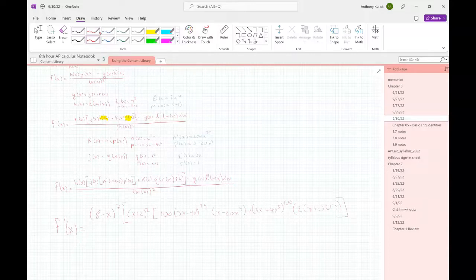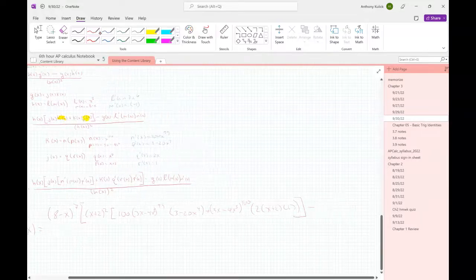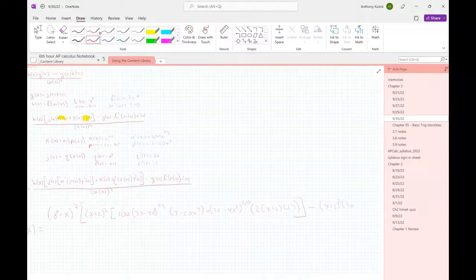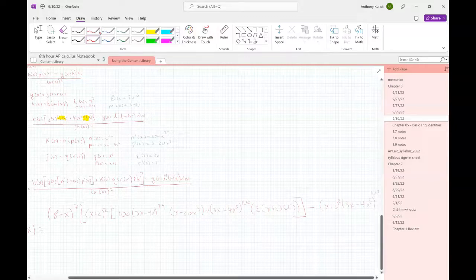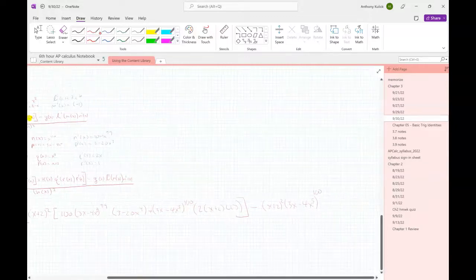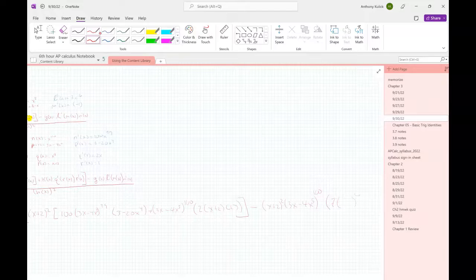And that closes that, minus g of x, which was x plus 2 squared times 3x minus 4x to the 5th to the 100th. And then L of x is 7, and then x to the 6th, which was 8 minus x times negative 1.